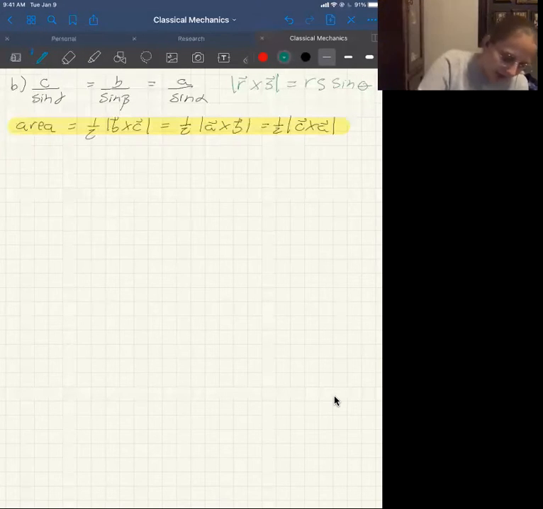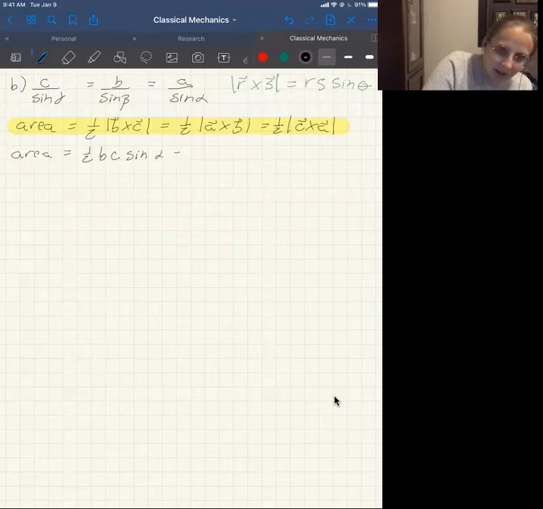So we'll have that the area is equal to 1/2 BC times the sine of alpha, which is equal to 1/2 AB times the sine of gamma, which is equal to 1/2 AC sine of beta.